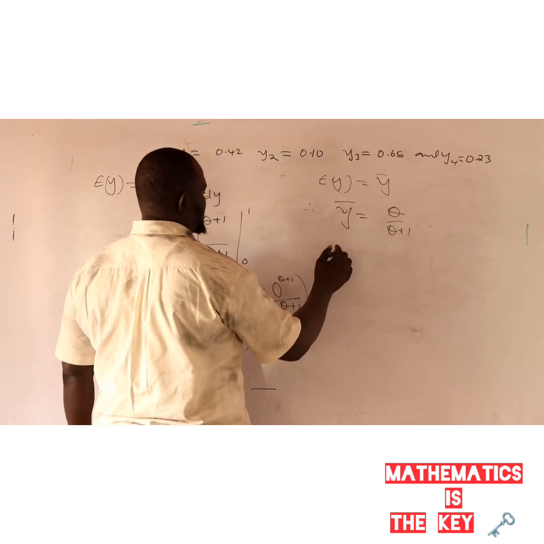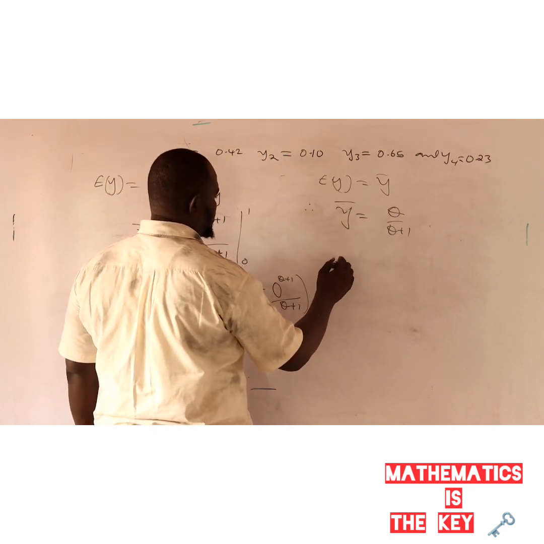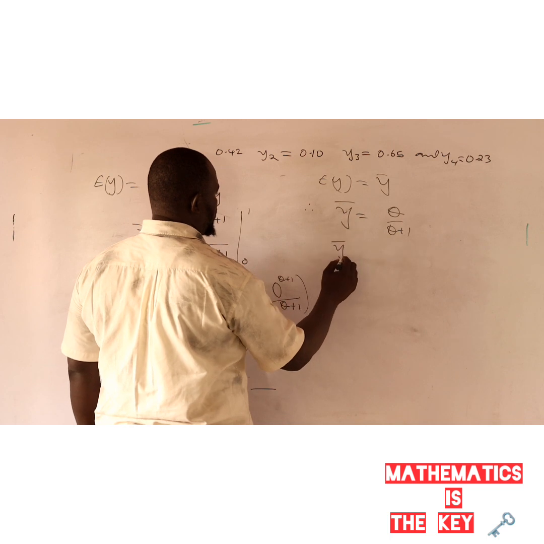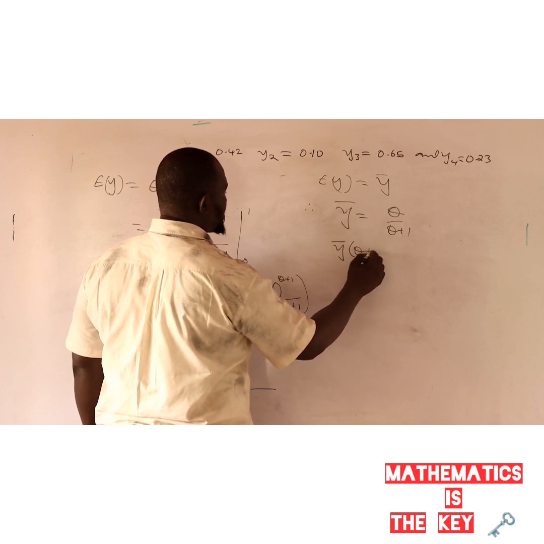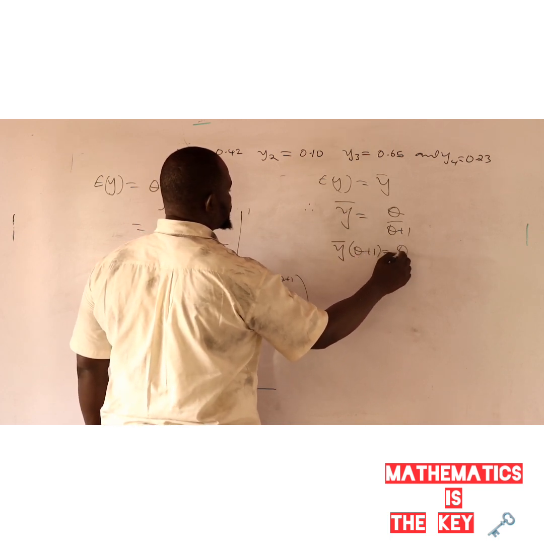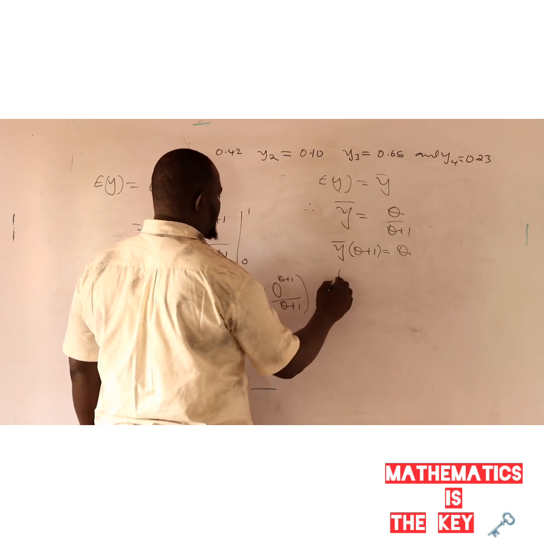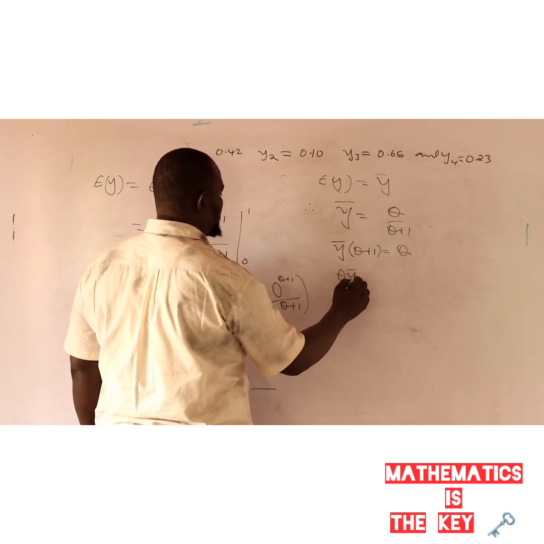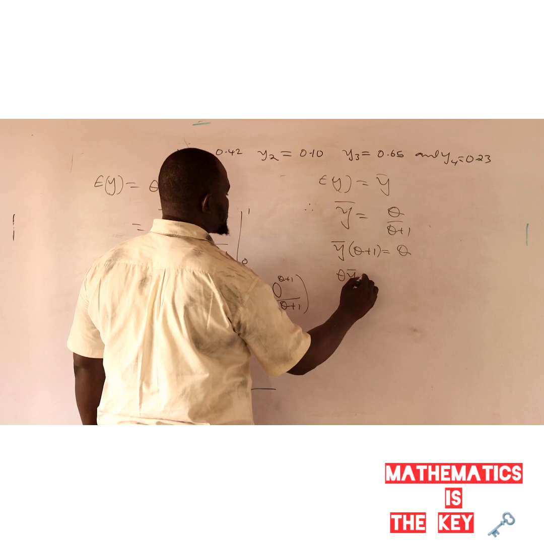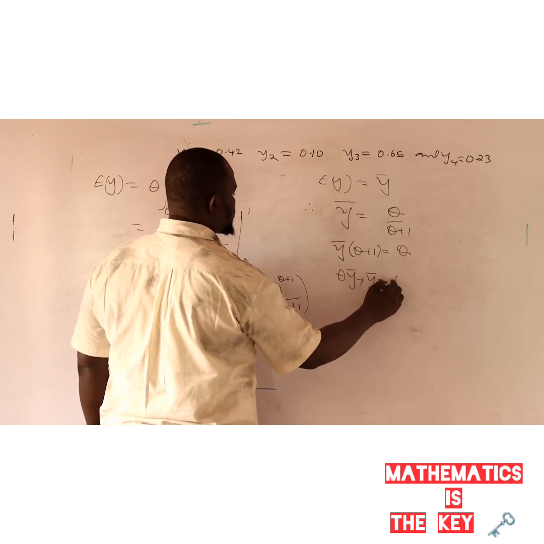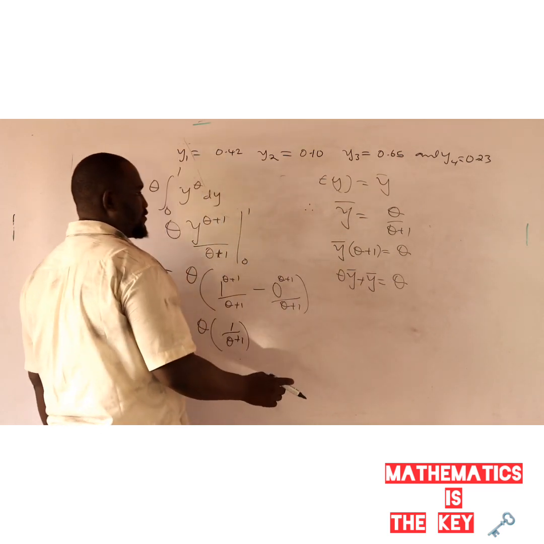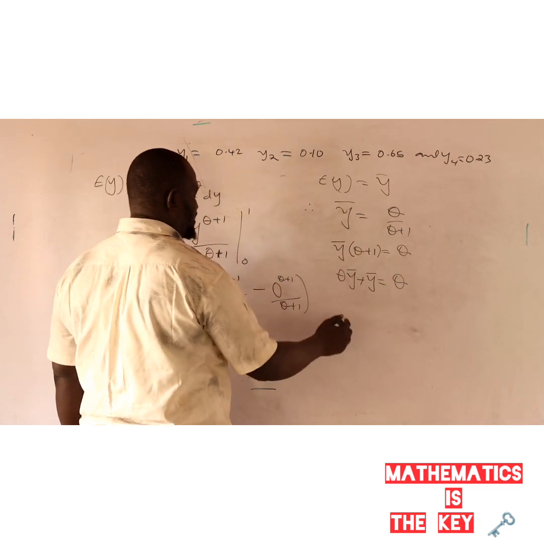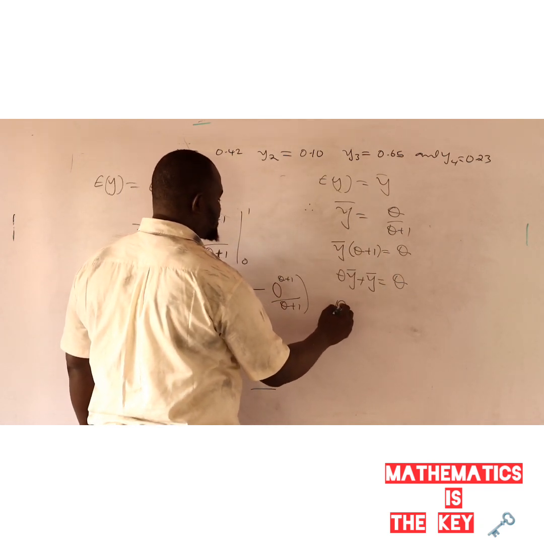Let us cross multiply this equation. We'll have mean of y into bracket theta plus 1 is equal to theta. To expand the bracket, we are going to have theta y bar plus y bar is equal to theta. We are finding theta, so let's collect like terms. We'll have theta.